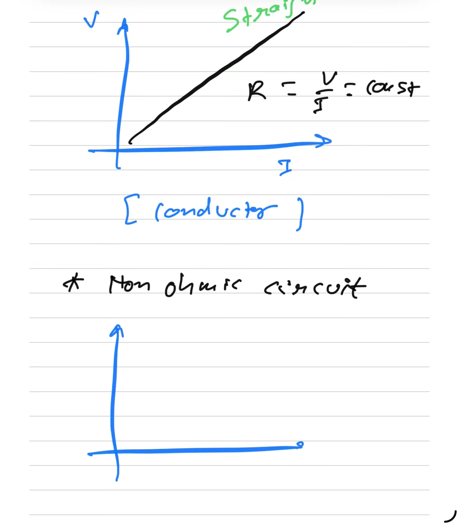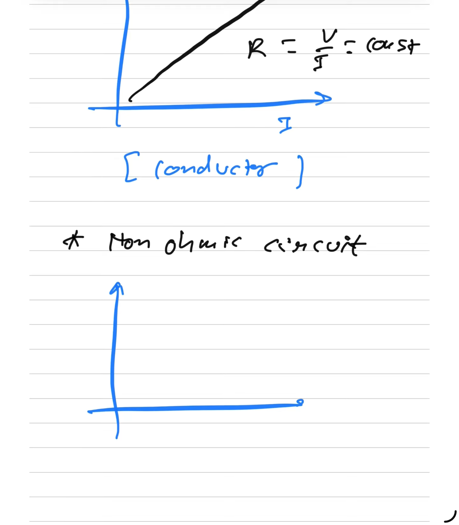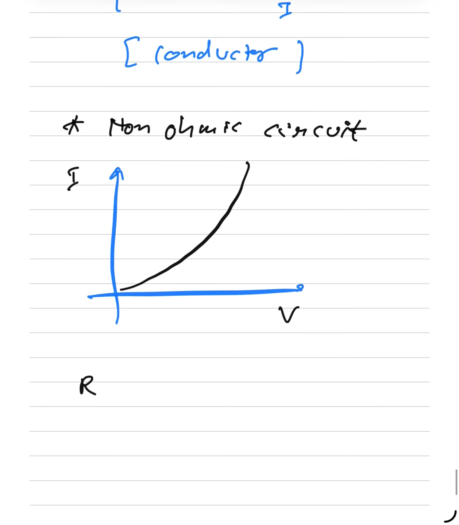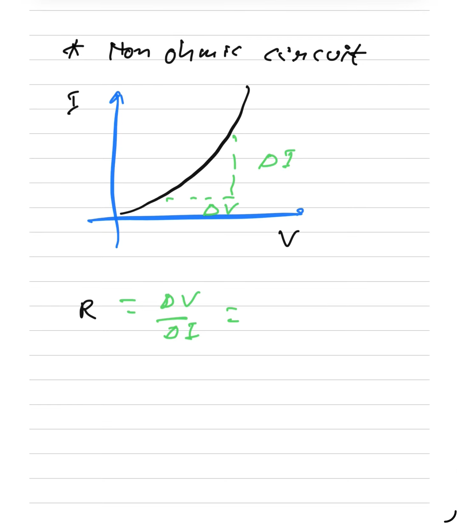Diodes, triodes, and transistors are the best examples of non-ohmic circuits. In a non-ohmic circuit, the graph relation between current and voltage is non-linear, like this, and here the value of resistance, R equals delta V divided by delta I, and this value is also variable.